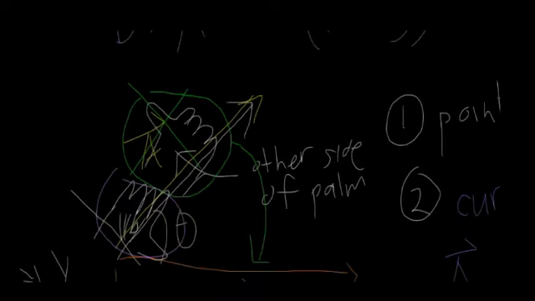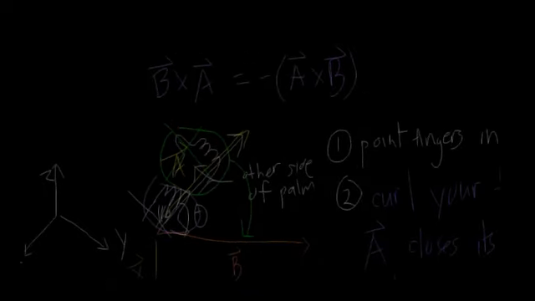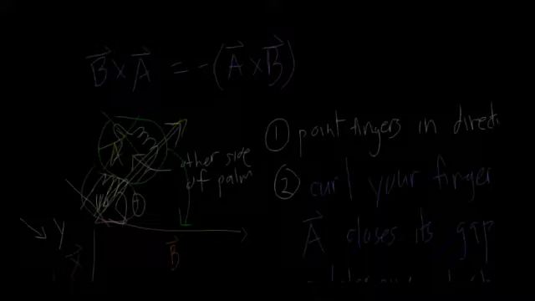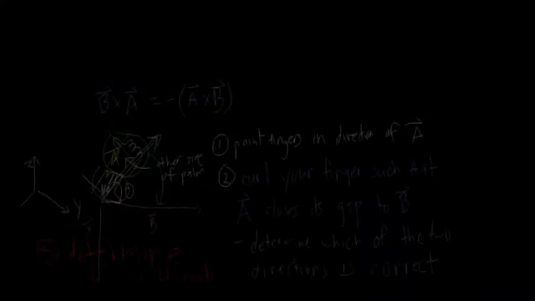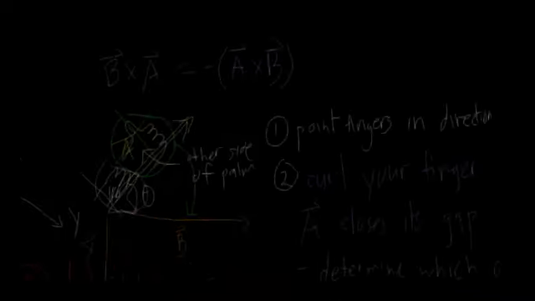In this case, b is the first vector, so we would use our right hand and point our fingers in the direction of the first vector. In this case it's vector b.